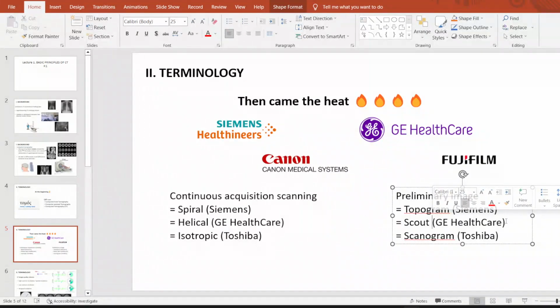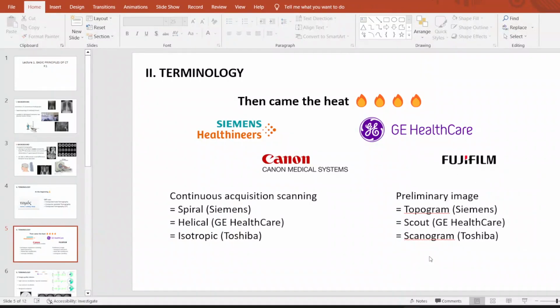And in college, the scout image appears in my books so often, more than preliminary image. And there are so many other words and abbreviations we need to learn throughout the series. But don't worry, I'll keep updating that information for you in the later slides and later sections.